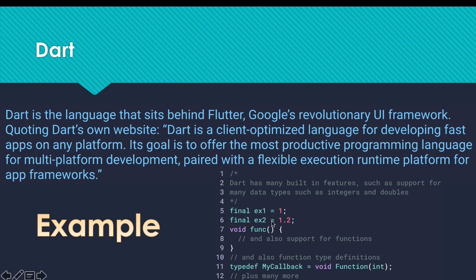It is the example of a double. And also we have void func. This is a function. Dart also supports functions and function type definitions. As you can see in this line, my callback is equal to a void function and the parameter. So this is about Dart.